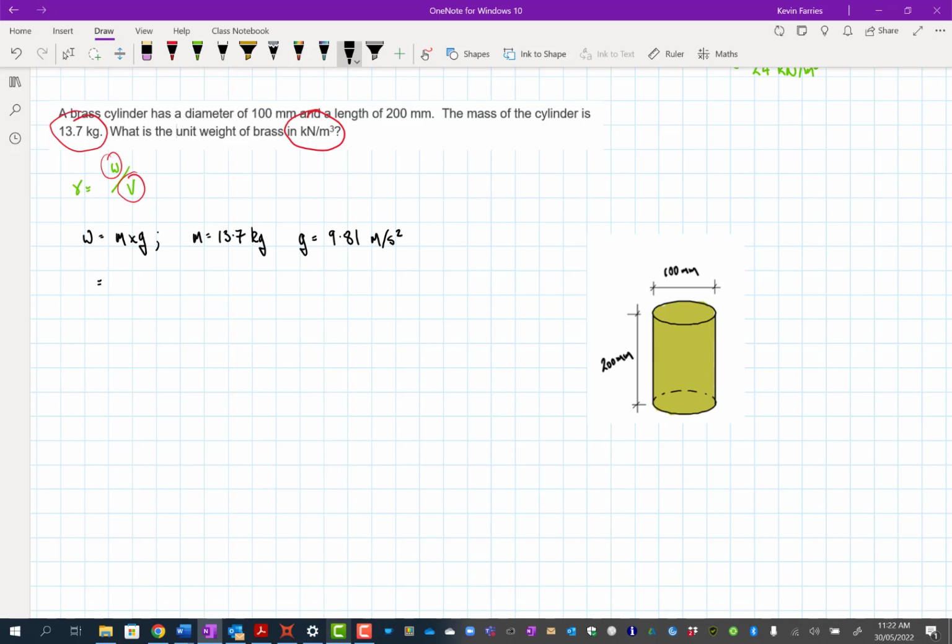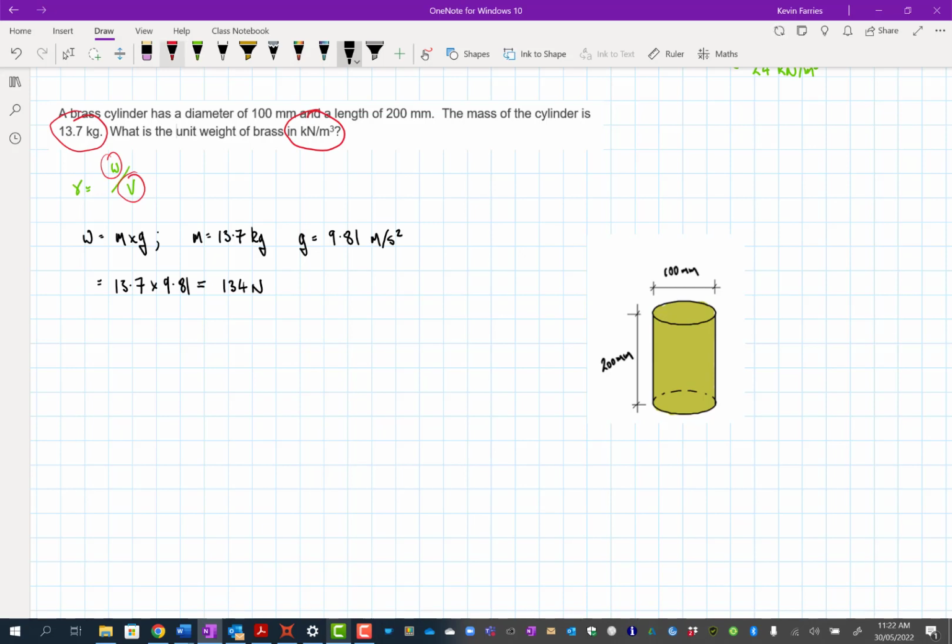Let's put those in. So that's going to be 13.7 kilograms for the mass times acceleration due to gravity of 9.81 meters per second squared. If you put those in, you're going to get a weight of 134 newtons.